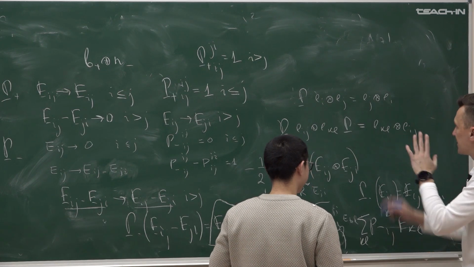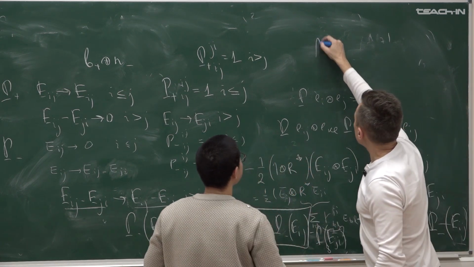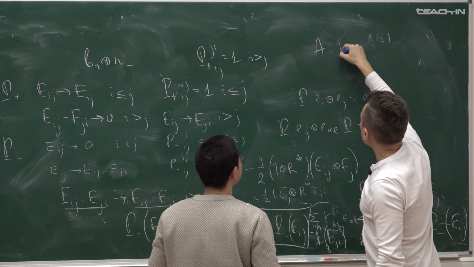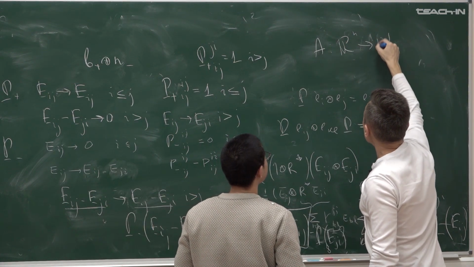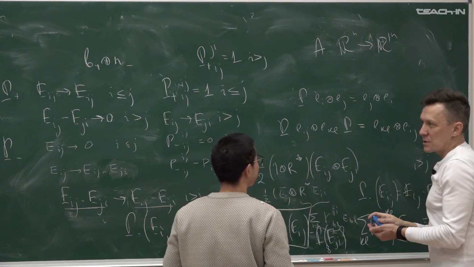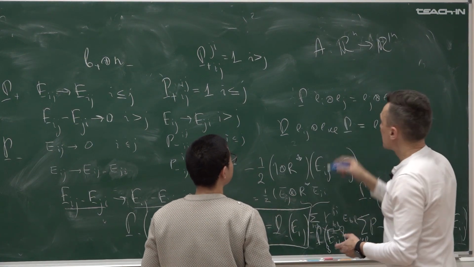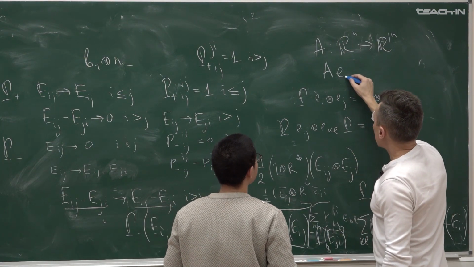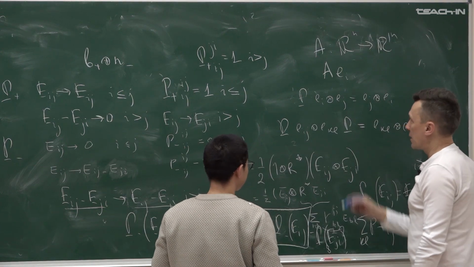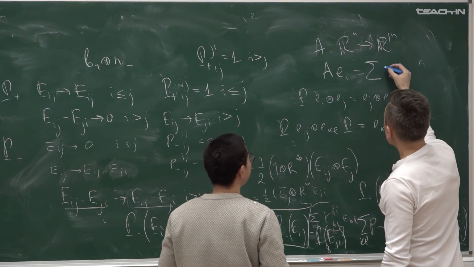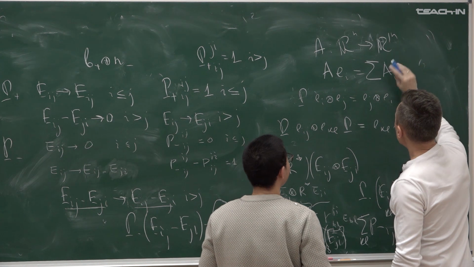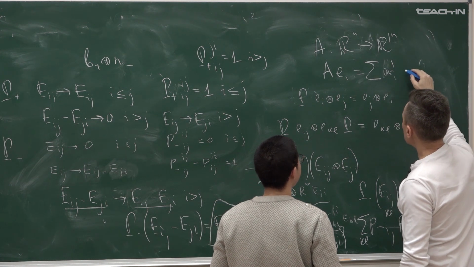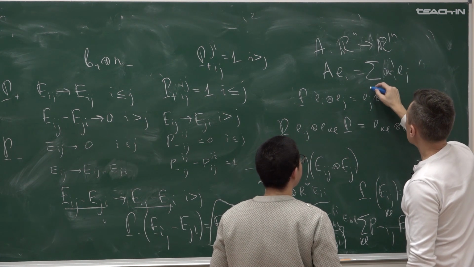So let A be a linear operator from Rn to Rn. What is the matrix of this linear operator? We should take A acting on the basis vector Ei; it will be the sum of Aij Ej.